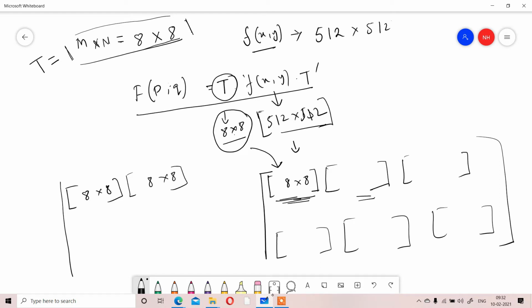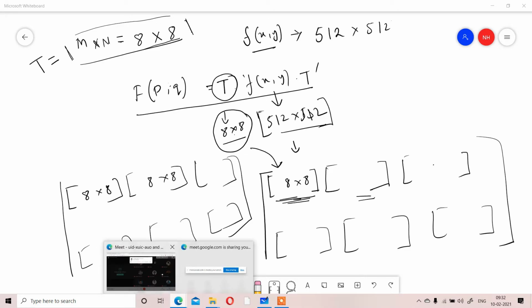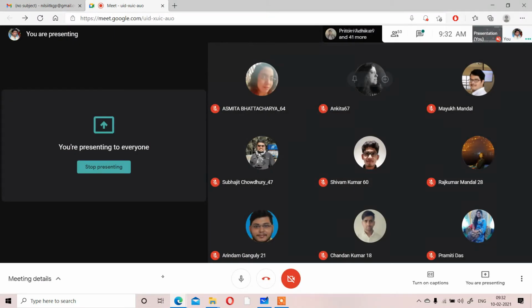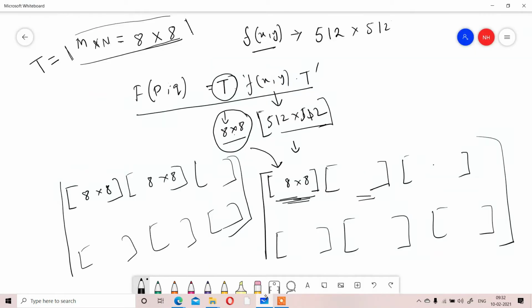Step by step, multiplying each set, we get the transformed result as a set of 8 cross 8 matrices. In that way the DCT multiplication happens depending on the transformation matrix of size 8 cross 8. Clear? Yes sir, clear. Okay.